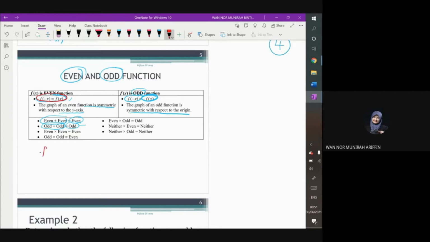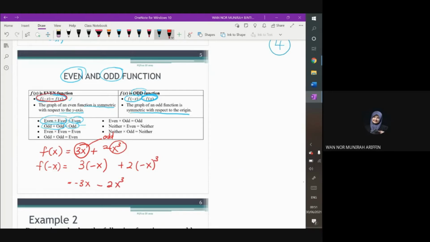For example, let's say your original function is 3x plus 2x cubed. When I substitute f(negative x), I can say this function is odd. How do I know? Because x is replaced by negative x, I get negative 3x, plus 2 times negative x cubed, which gives negative 2x cubed.